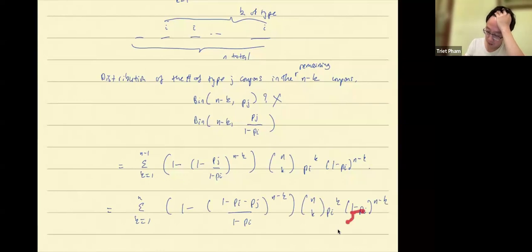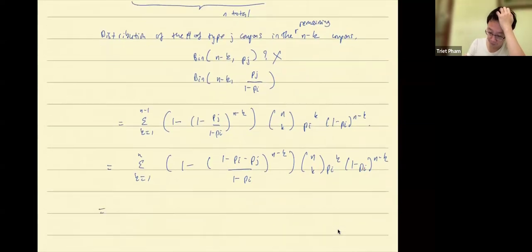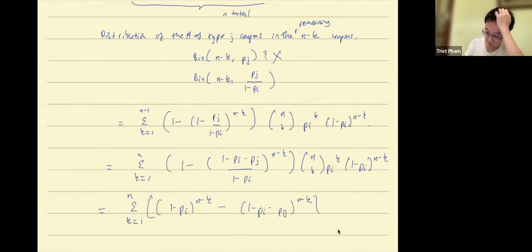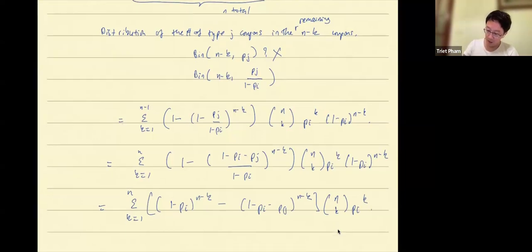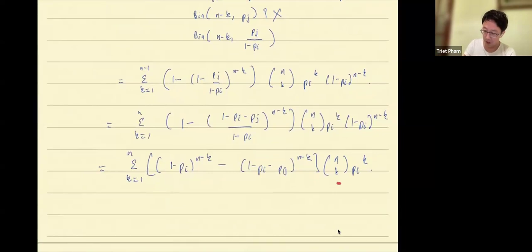And 1 minus Pi to the n minus k can go in here. So you see, this is n choose k, Pi to the k, 1 minus Pi to the n minus k.